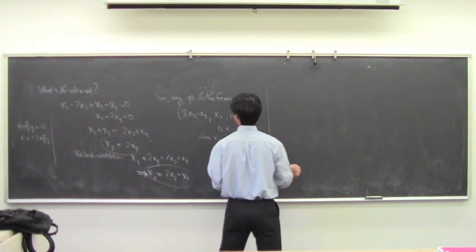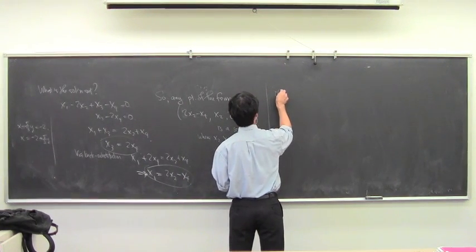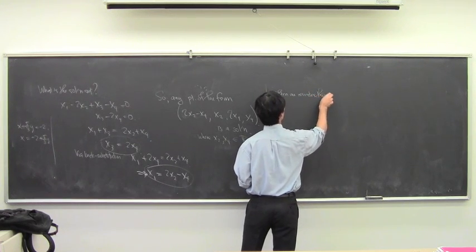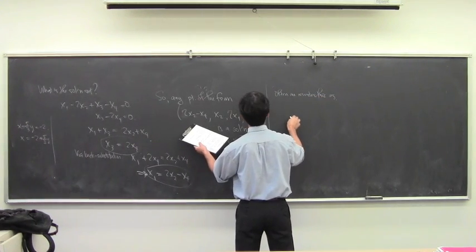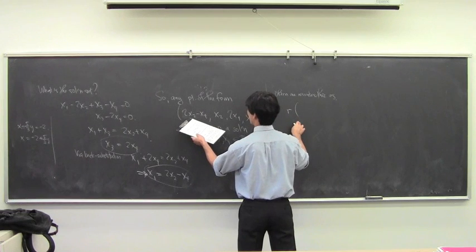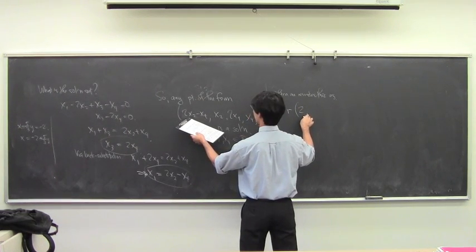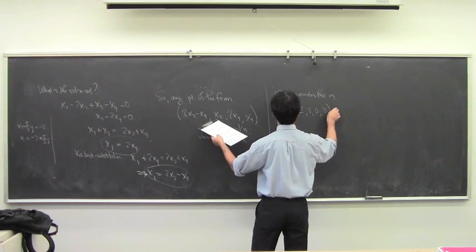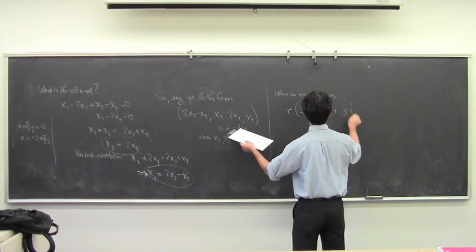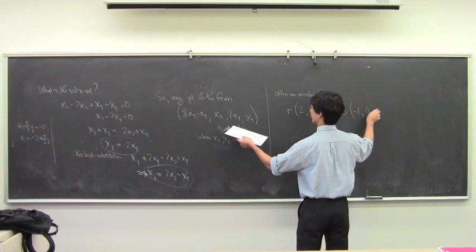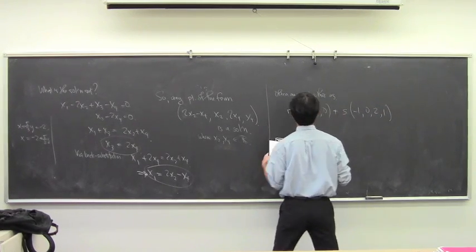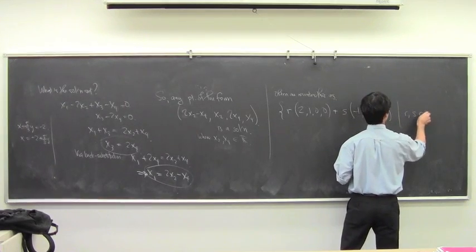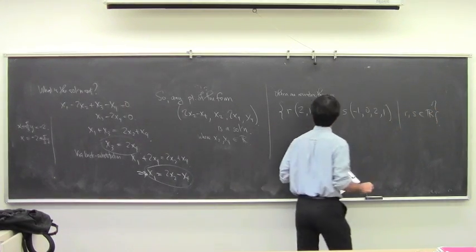And often one rewrites this as, say, some number times... so let's use r for x2, so r times (2, 1, 0, 0) plus s times (-1, 0, 2, 1), where r and s can be any numbers.